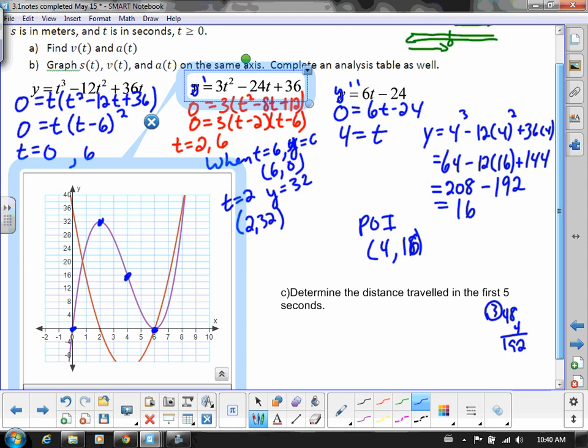So when t is 0, you're all the way down to negative 24. So the first point when t is 4, we're going to have a value here. Okay, when t is 4, y is 0. When t is 5, we're at 6.